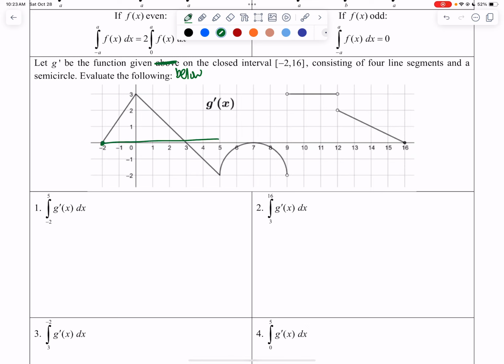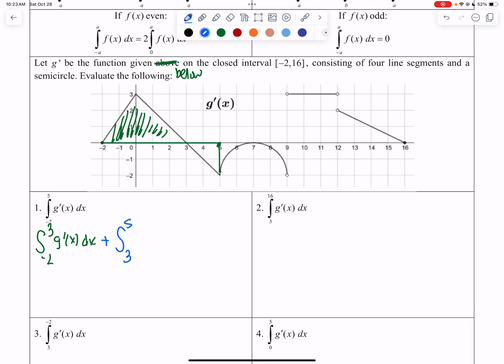So that is going to represent this thing right here. We have this area in green, which I'm going to write as the integral from -2 to 3 of g prime of x dx. And we're going to add that to the area from 3 to 5. So the integral from 3 to 5 of g prime of x dx.